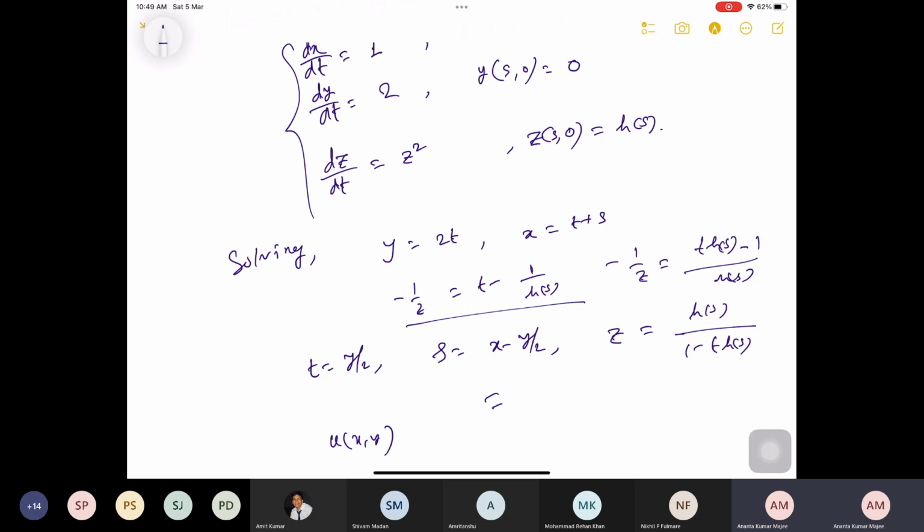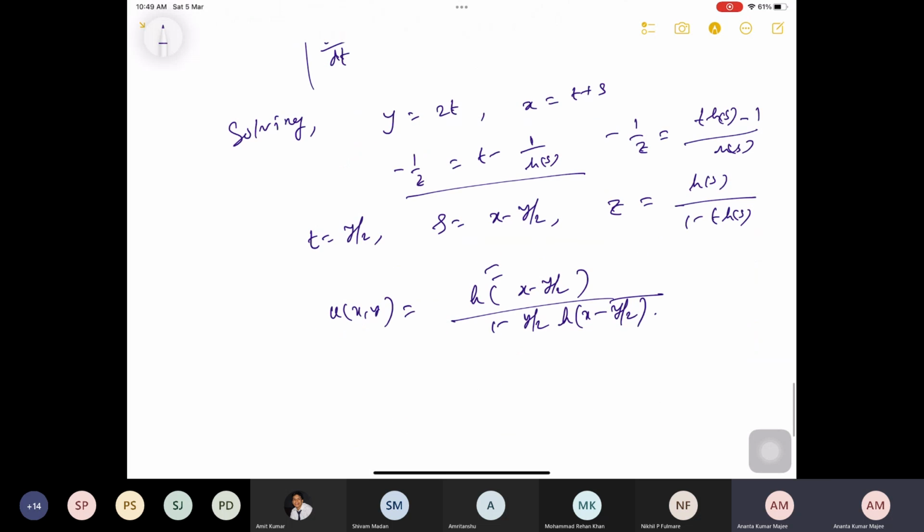That is why we said that z is basically the graph of your solution u of x, y. So u of x, y should be h of s, which is x minus y by 2, divided by 1 minus t, where t is y by 2, times h of x minus y by 2.